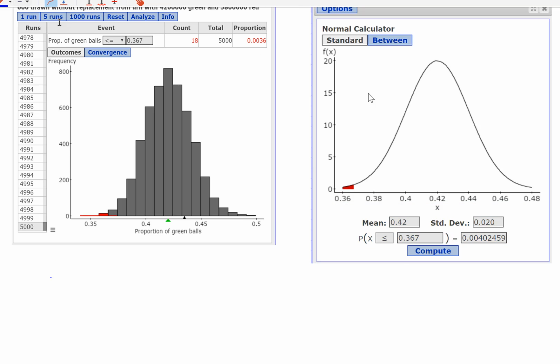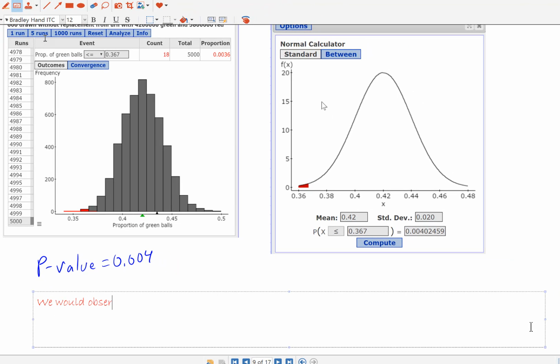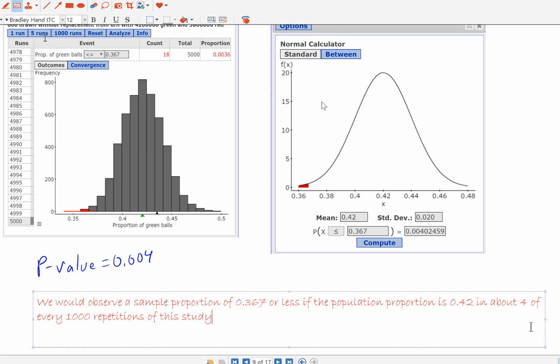That 0.004 is referred to as the p-value. Here's how I want you to interpret the p-value. We would observe a sample proportion of 0.367 or less if the population proportion is 0.42. In other words, if the statement in the null is true, in about 4 of every 1,000 repetitions of this study.